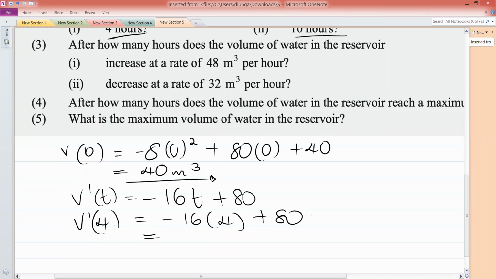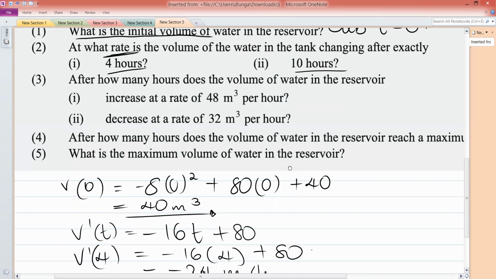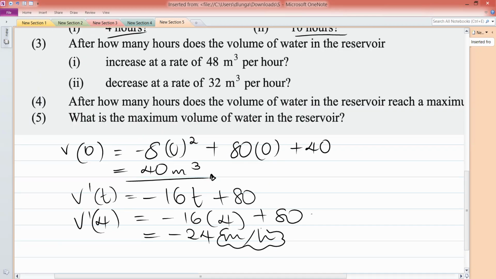So the rate at that particular point would be -24, and meters per hour probably, but they don't ask you for the units, so you don't have to include this here. Then when it's 10, it's -16 multiplied by 10 plus 80. Oh, sorry, this is 80.